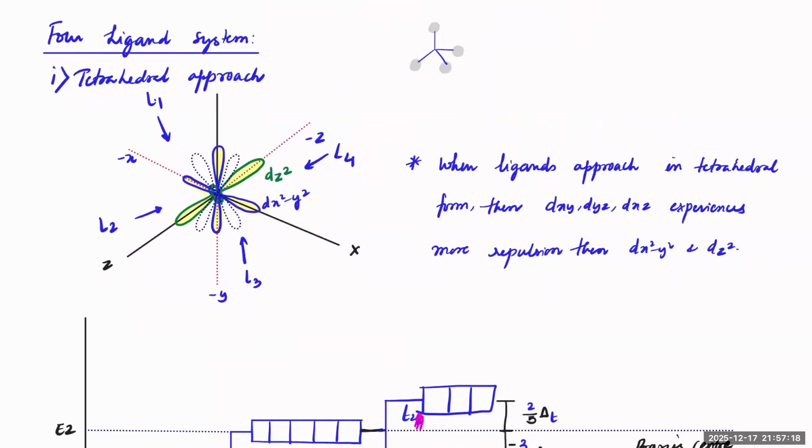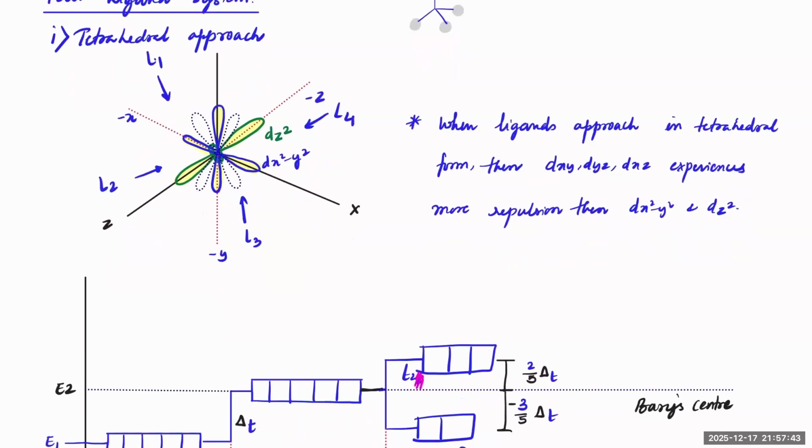Next is about the 4 ligand system. In the 4 ligand system, we have an option of geometry. Either it can adopt tetrahedral or it can adopt square planar. If ligands are approaching in a tetrahedral format, that means they are approaching from 4 directions to form a tetrahedral structure.